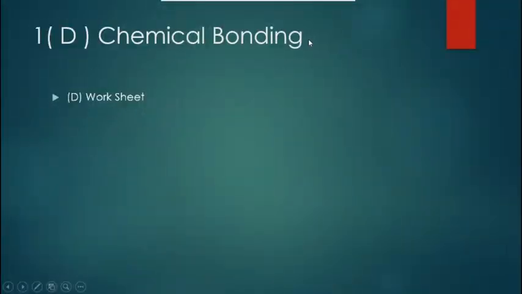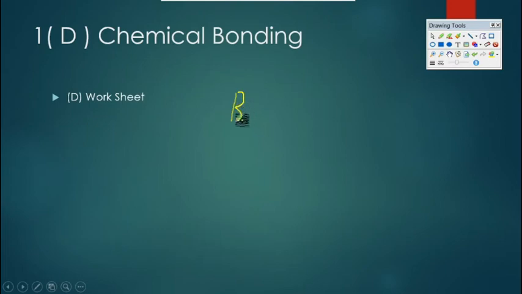Randomly we select one species, BrF5. It is an interhalogen compound. So 5 plus 1, 6, 6 into 7. So 7 valence electrons into 6. We have 42 valence electrons. That is type 2. So 42 should be divided by 8.